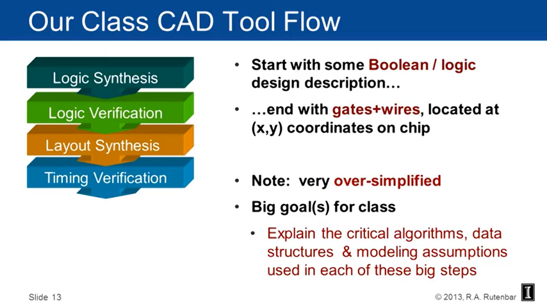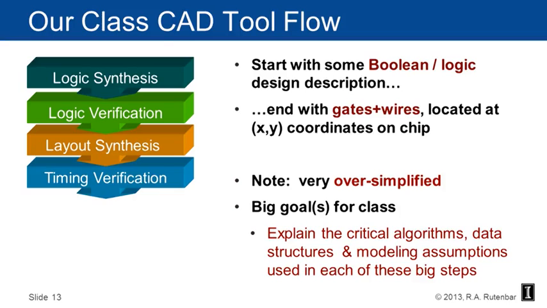So we're going to basically look at things in these four areas. We're going to look at logic synthesis, and that's going to start with some Boolean logic design description in an abstract form, and it's going to get us real gates and wires that are optimized in some reasonable way. And we're going to look at a little bit of logic verification. We're going to primarily look at some ways of telling if your design is correct in some very simple ways in the Boolean domain, in the gates and wires universe.